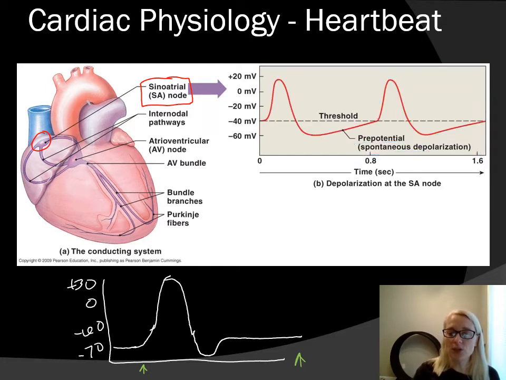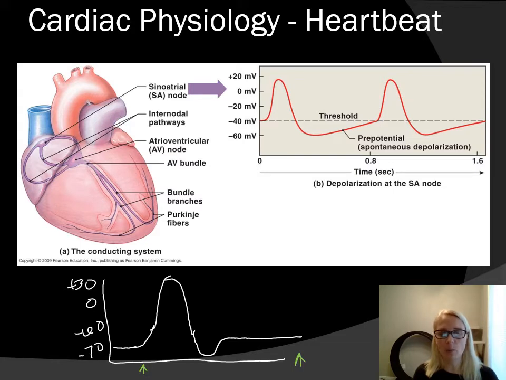So that prepotential is really important in the triggering of a heartbeat, and it is independent of any nervous input or endocrine input to initiate it. Those inputs can change it, right? Think sympathetic activation can speed it up, parasympathetic can slow it down, and hormones like epinephrine and norepinephrine can change heart rate, but they cannot trigger or initiate the heartbeat itself.